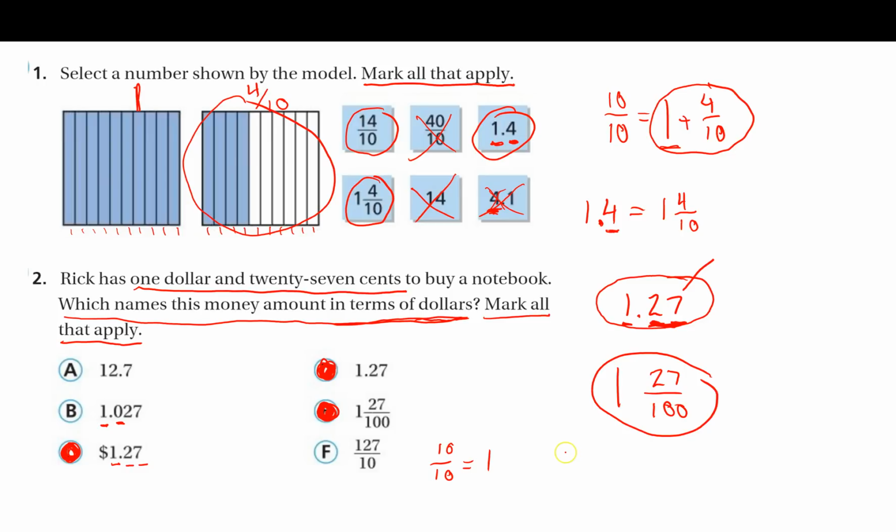Well, you're already up to 10, right? 10 times 10 equals your 100. So this is going to be more than 10, and we only have $1. So we know right away that can't be a possible answer. This is actually going to be equal to 12.7. Okay, 12 and 7 tenths.